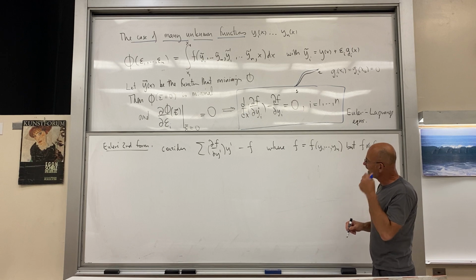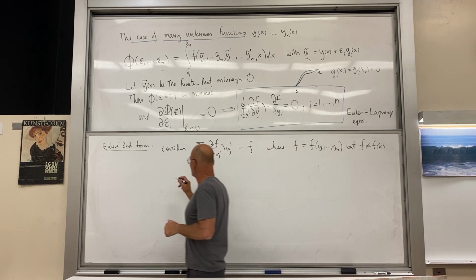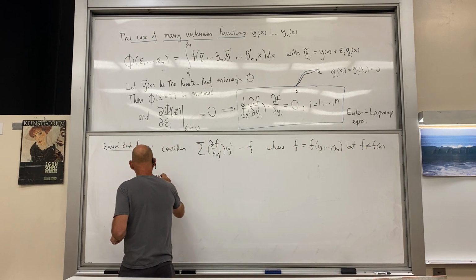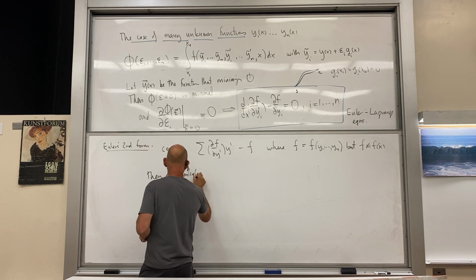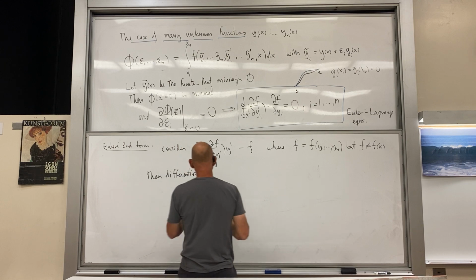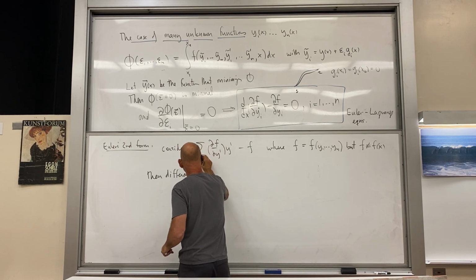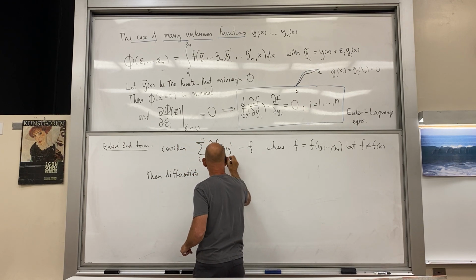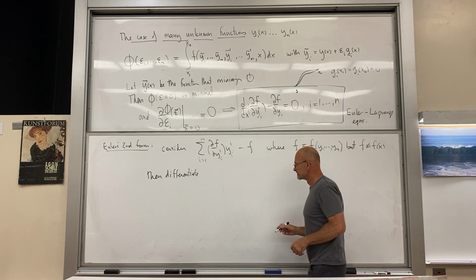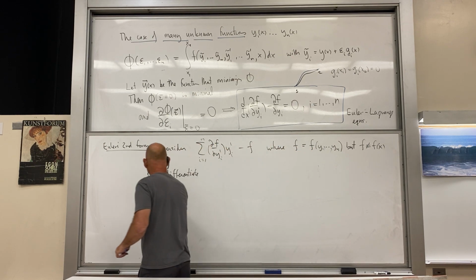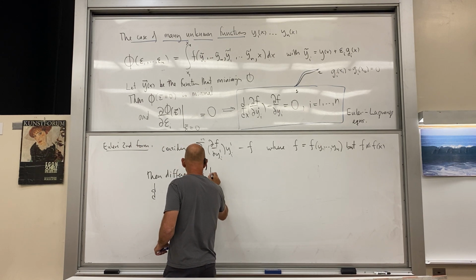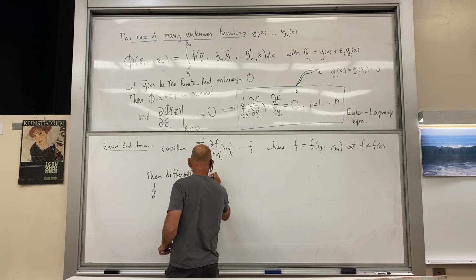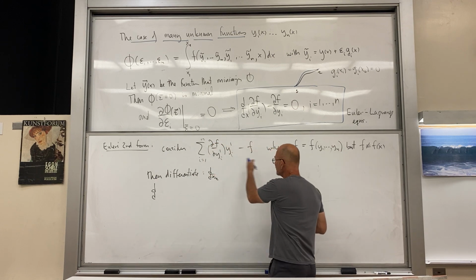And then we're going to differentiate. Okay, so we're going to differentiate this whole expression here. By the way, i equals 1 to n. So differentiate d dx sub k of this whole thing here.